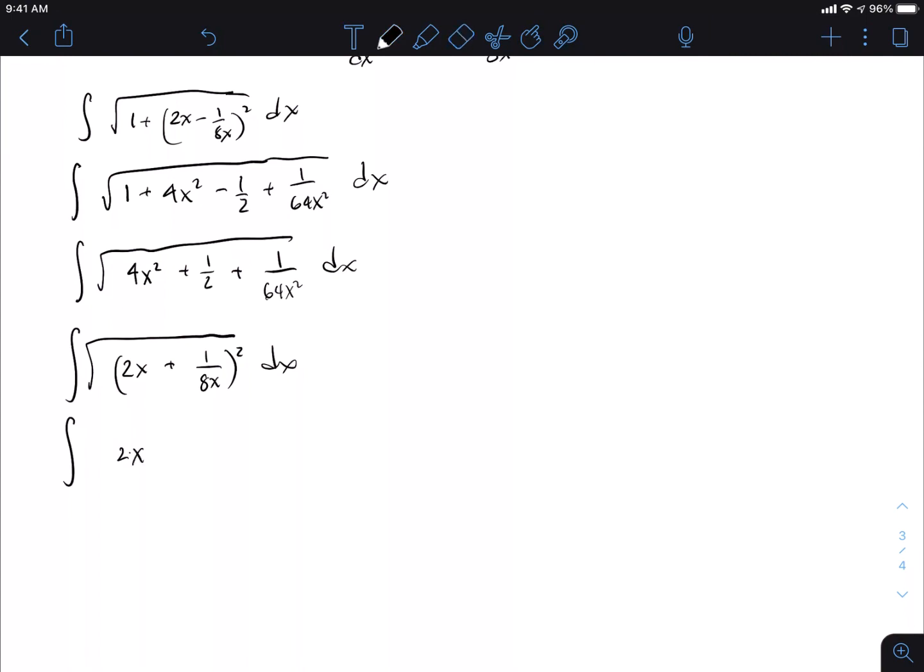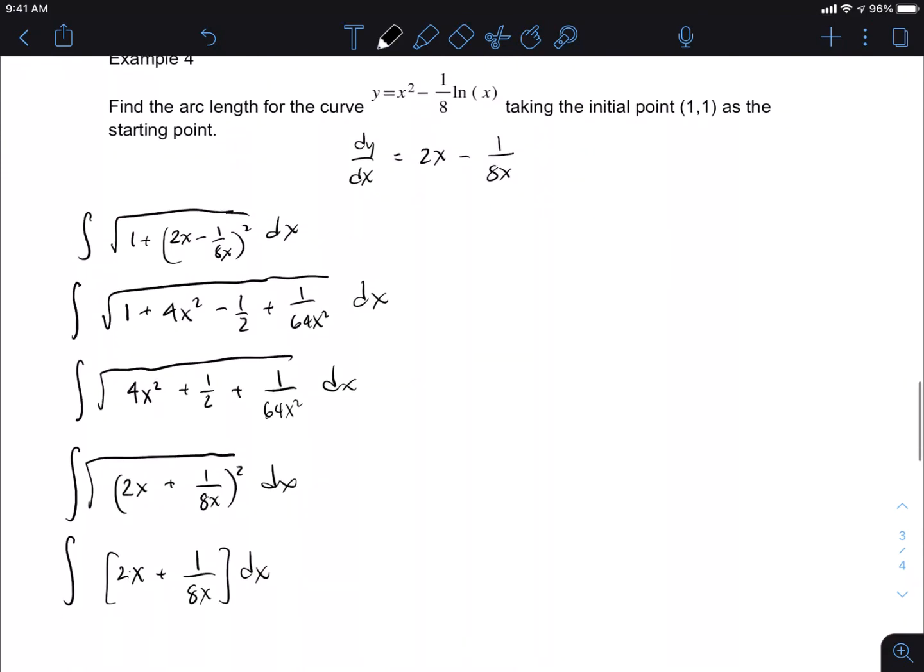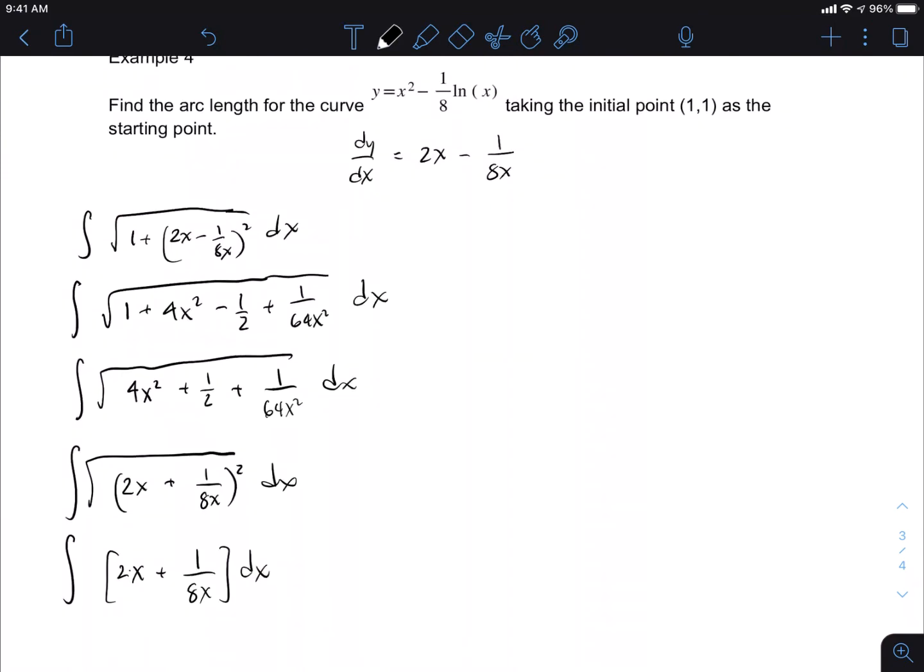That's going to go. 2x plus 1 over 8x dx. But we're running into an issue, right? We know that the integral is starting at 1, but we don't know where it's going in terms of its terminal point. Does that make sense?